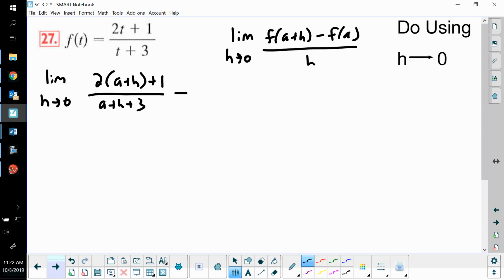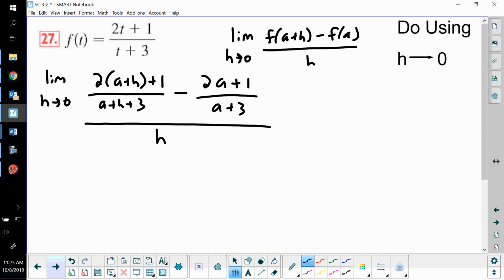The meaning of that is everywhere there is a t, we will replace it with an a. So we'll have 2a plus 1 over a plus 3. And then that's all over h. Well, this is really 2a plus 2h plus 1 when you distribute the 2.